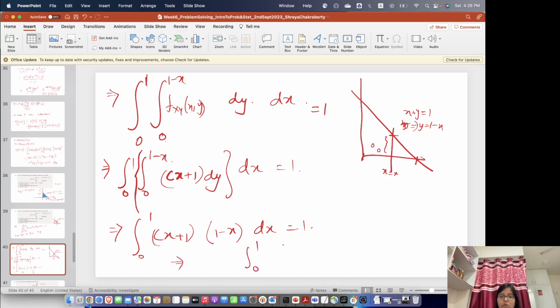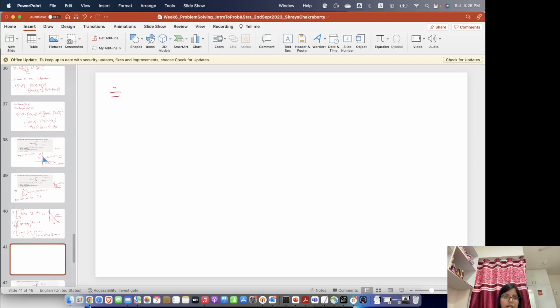So we'll have the integral from 0 to 1 of cx minus cx squared plus 1 minus x dx equals 1.